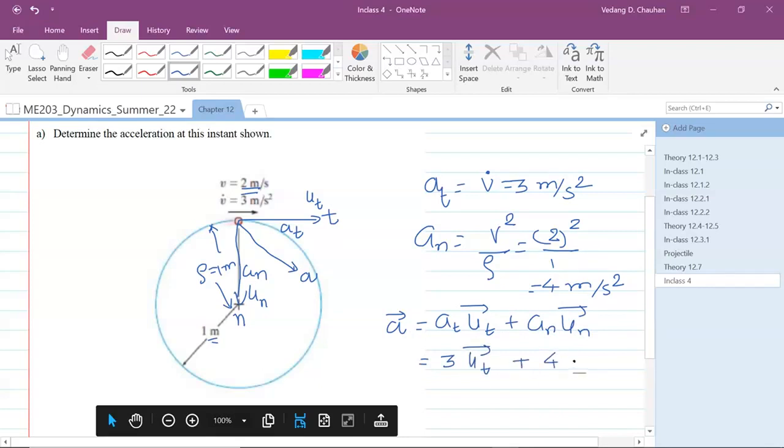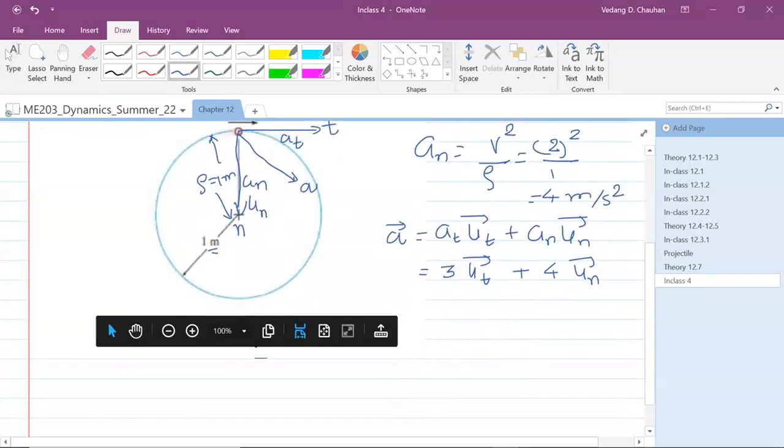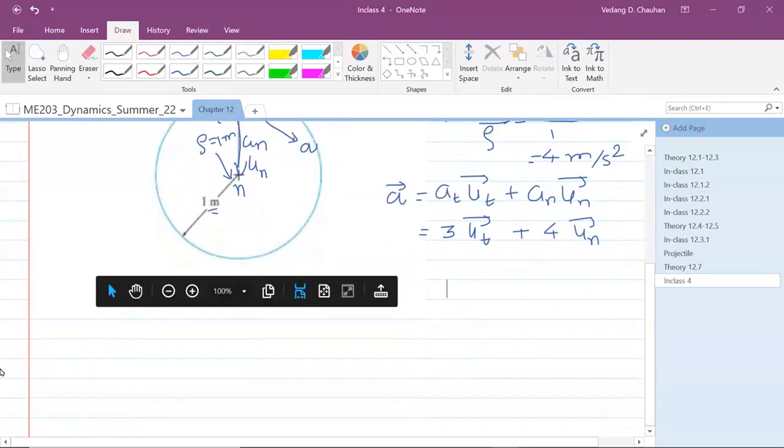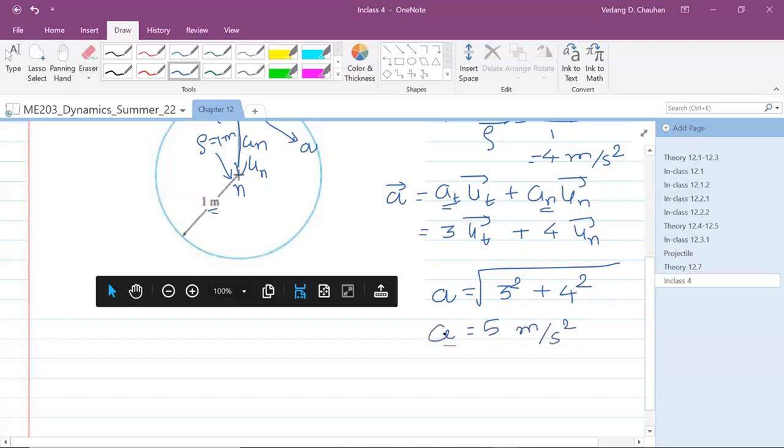So that's the vector representation of total acceleration. The magnitude of that acceleration can be calculated as the square root of 3 square plus 4 square, which is nothing but the square root of at square plus an square, and that's 5 meters per second square. That is the total acceleration of the particle.